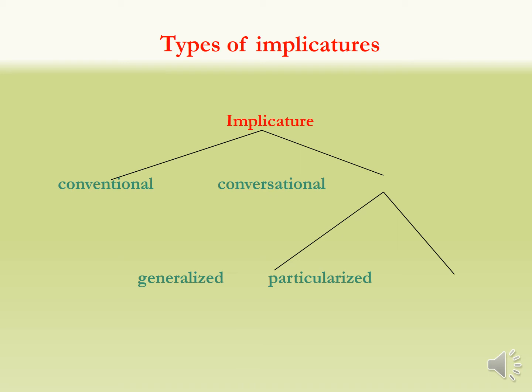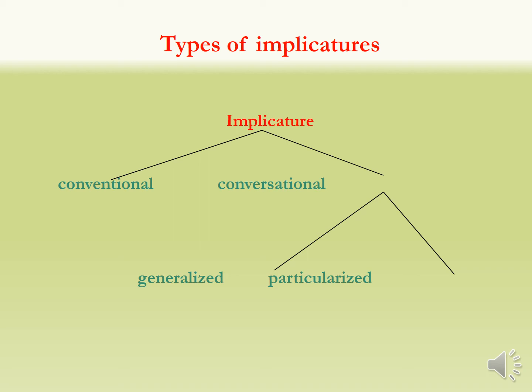Okay, so let's have a talk about implicature. In the previous lecture we learned about implicature, where we discussed discourse and pragmatics. Implicature is where we derive and implement some different meaning from the expected meanings. But in today's lecture we learn about the types of implicature.